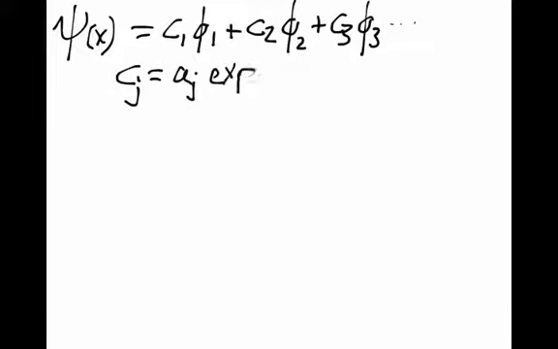So each C, I'm going to use j as the indexing variable because we have these i's as an imaginary number, so let's call it Cj, is always going to be equal to some amplitude Aj, and then there's going to be some imaginary part to that. So it's going to be e to the i times an angle. And remember the 1 over minus i's and 1 over i's last time. That was a manifestation of this.